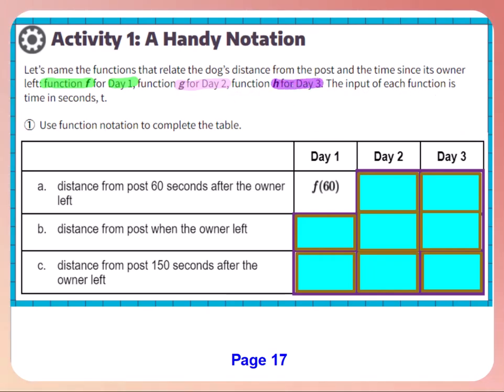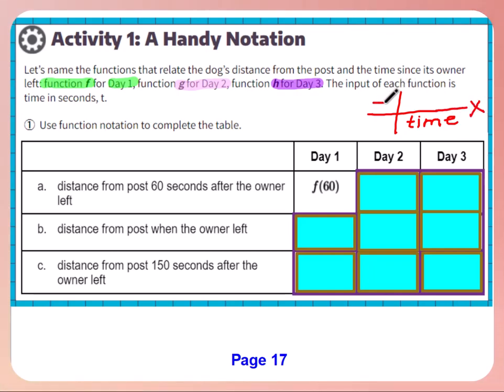Okay? All right, so we write the distance from the post 60 seconds after the owner left. Again, remember our x was time. Time is always going to be, I'm going to say most of the time, our x-axis.